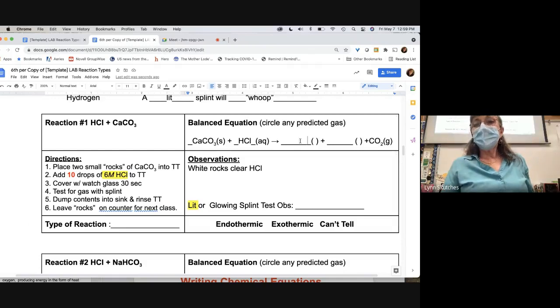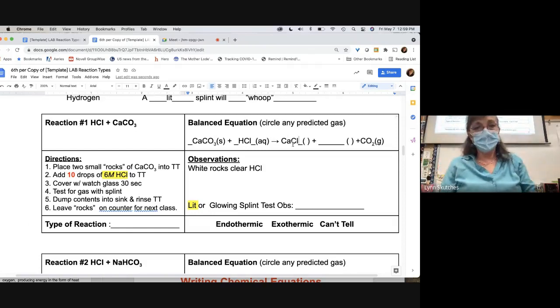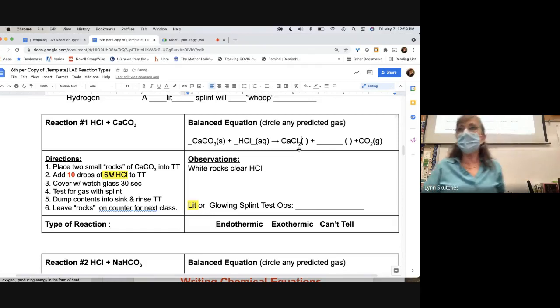And what you're going to be left with in the test tube, which you can't really see, but I'm telling you, is calcium chloride. So that calcium goes with the chlorine, right? That's the outies thing. Okay, calcium with chloride. Remember, calcium is a +2, so I need 2 chlorides to make that compound neutral. And they're actually going to stay dissolved in water. They're going to stay aqueous.